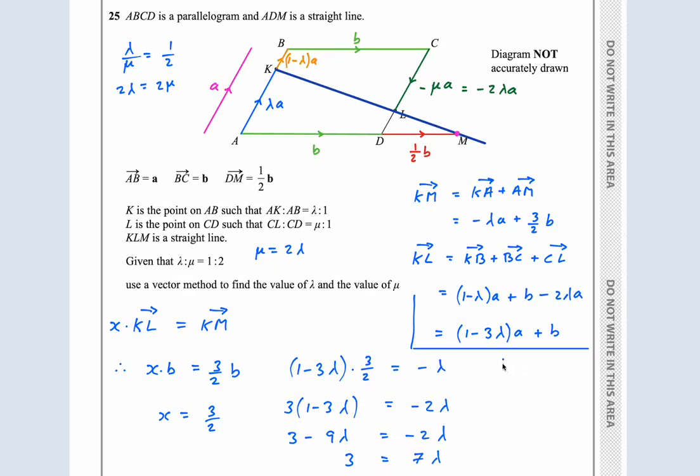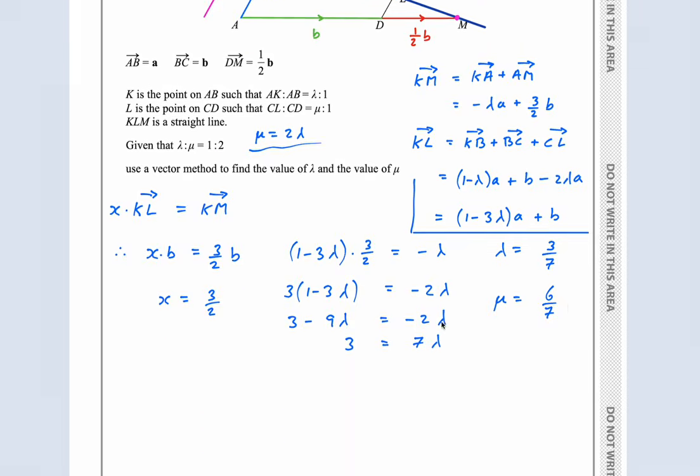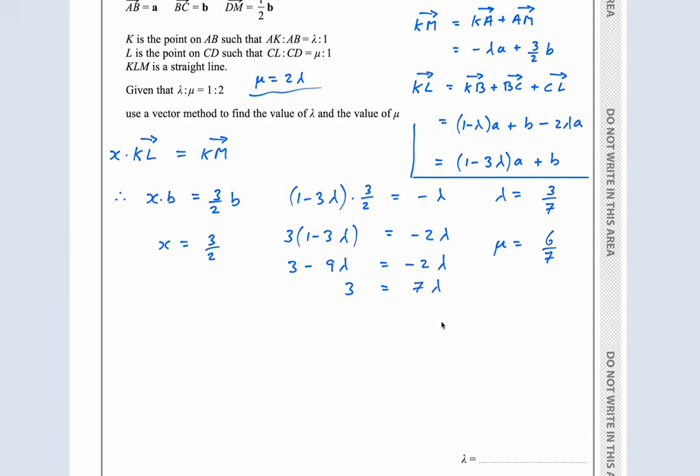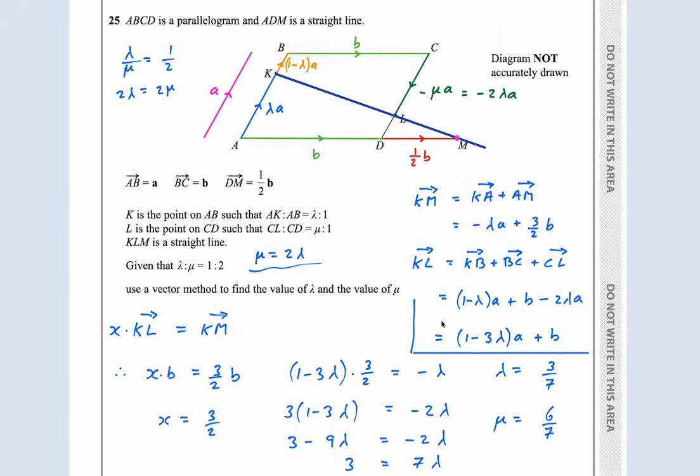And I'm left with lambda equals 3 over 7. And if lambda equals 3 over 7, remember, mu is 2 lambda, so mu is just equal to 2 of these, which is 6 over 7. Okay, guys, I did tell you this was a hard question, and it certainly was. That's it, guys. That is the paper complete, and I'll see you in the next video.